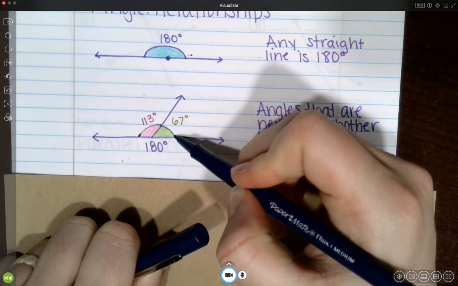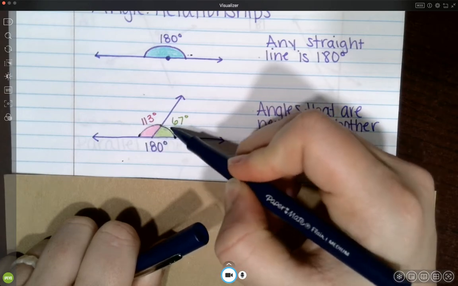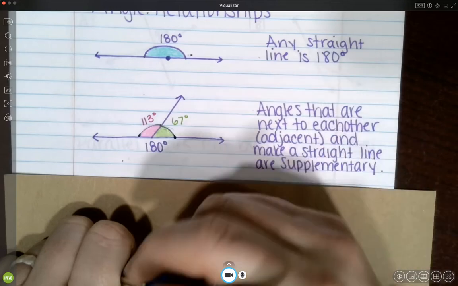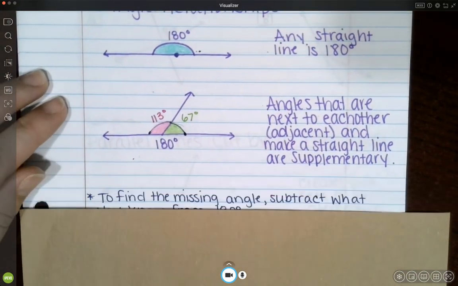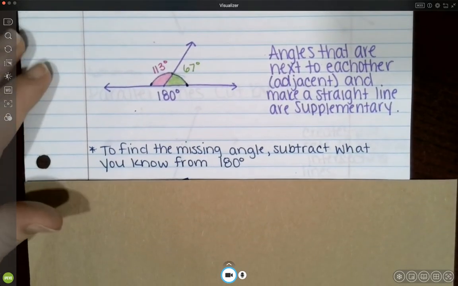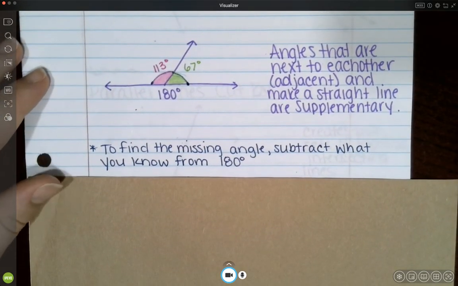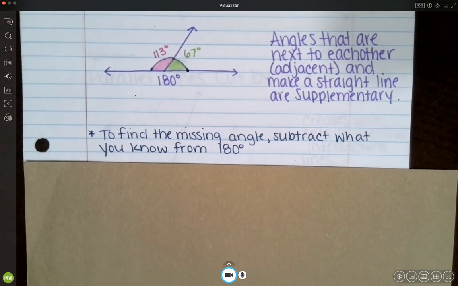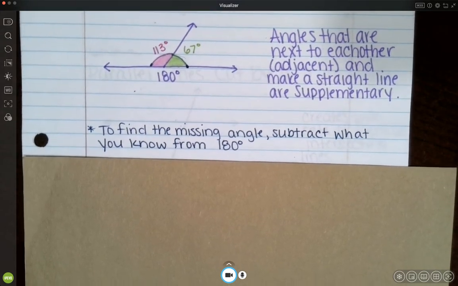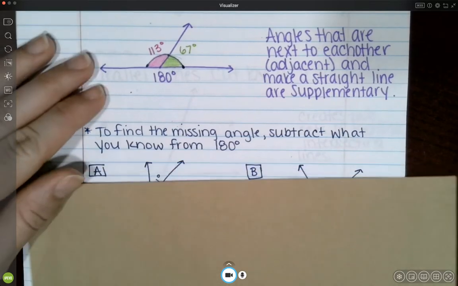I continue 67 more, and together they make that 180 degrees. Because we know this, we can find the missing angle measurement when we subtract what we know from 180 degrees. When I subtract from 180 degrees, that's how I can find that missing component.